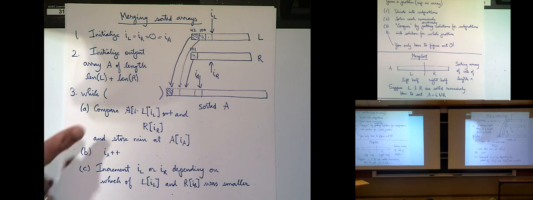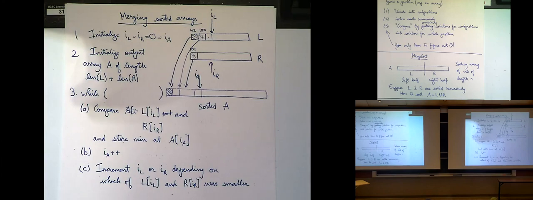So what is this condition? How long will it run? Yeah? I just had a question if this would work on arrays of different sizes. Okay. That depends on the condition. Yeah? Exactly.